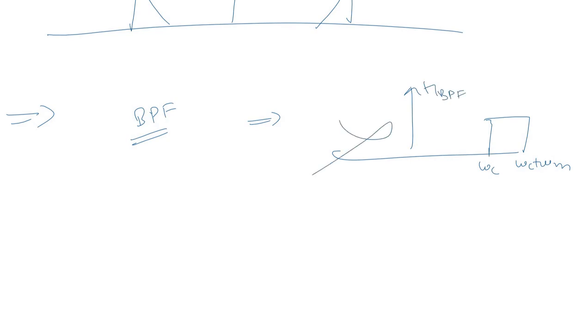Such ideal filters with such ideal characteristics are practically impossible to design. So practical filters will have some slope associated with them. This would be the response of a practical filter.